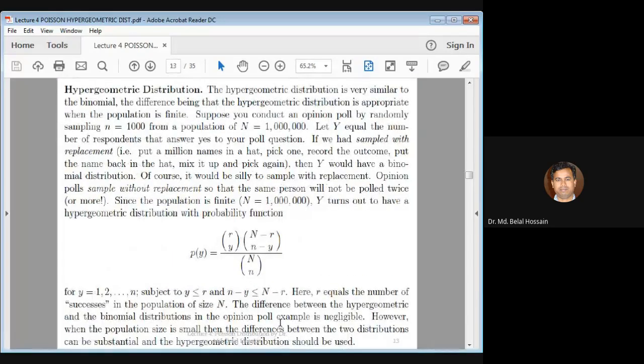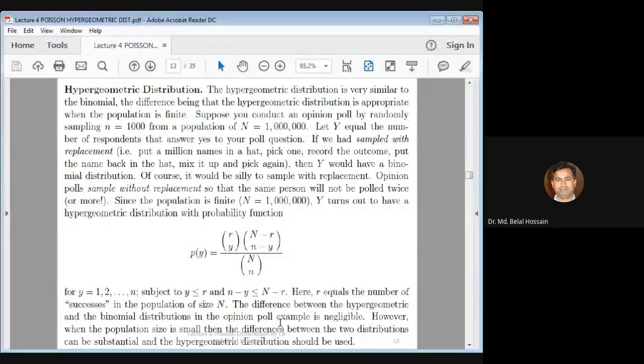Next topic is the hypergeometric distribution. This is another discrete distribution, used when sampling is done without replacement. What is sampling with replacement?